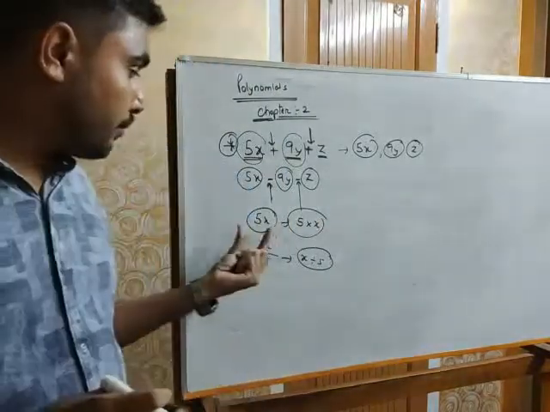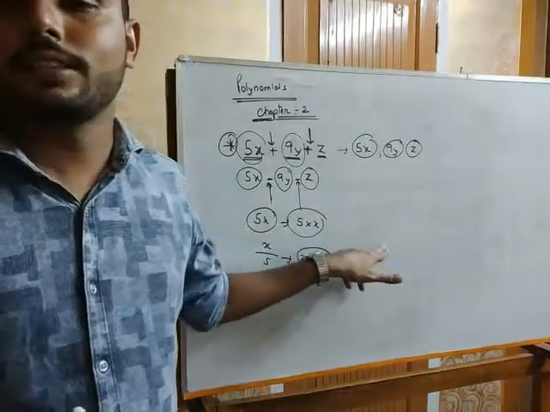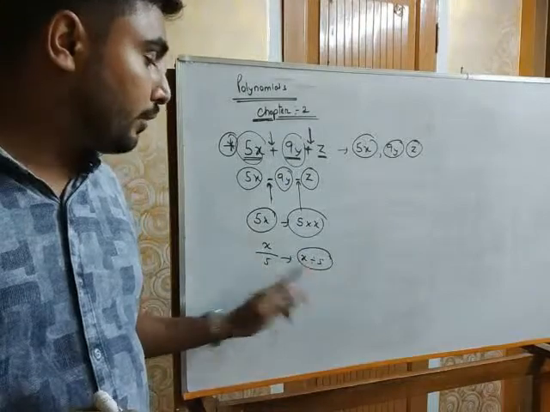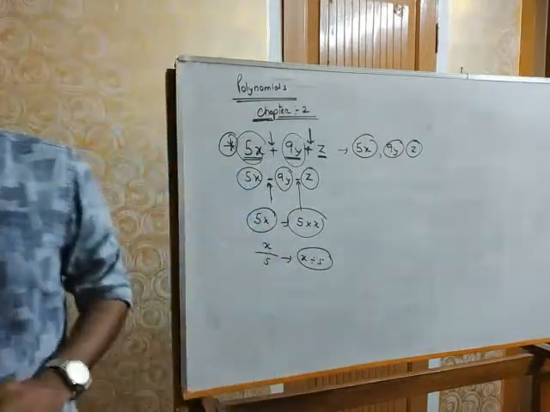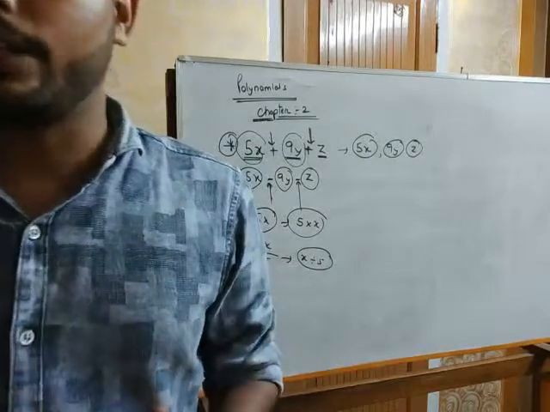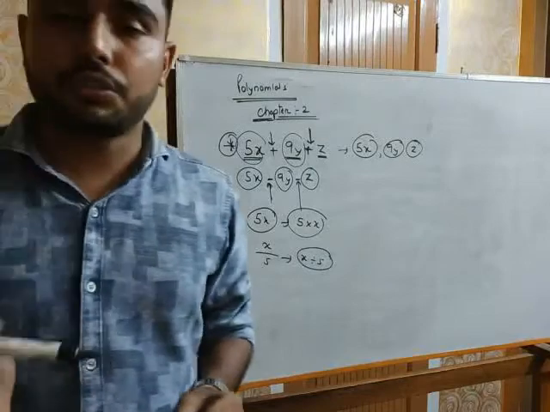You cannot think that 5 is a different term and x is a different term. Here x and 5 are not different terms even though they are getting divided. A term is formed only when the parts are separated using the plus sign or the minus sign. Is it clear everyone? Any doubt here?